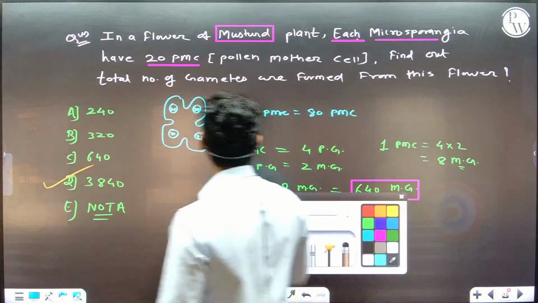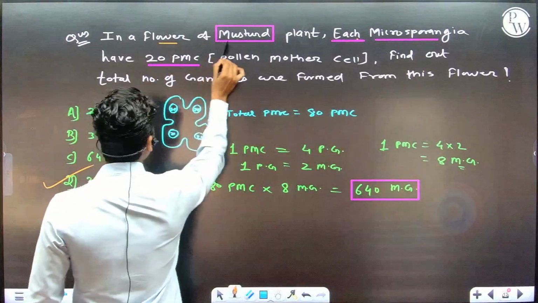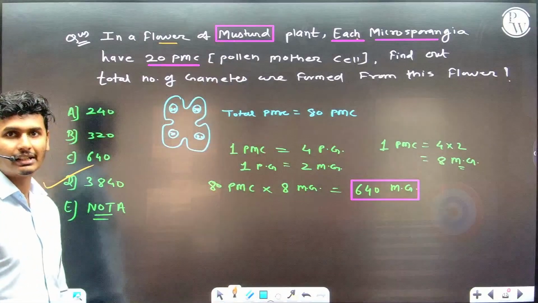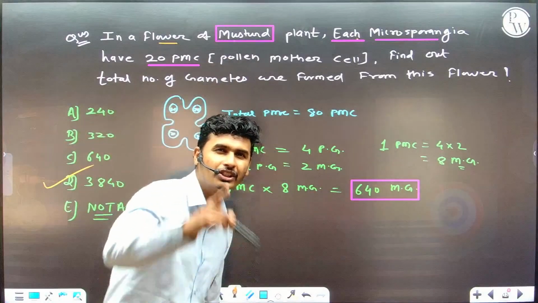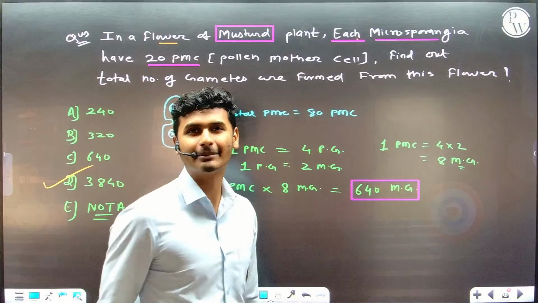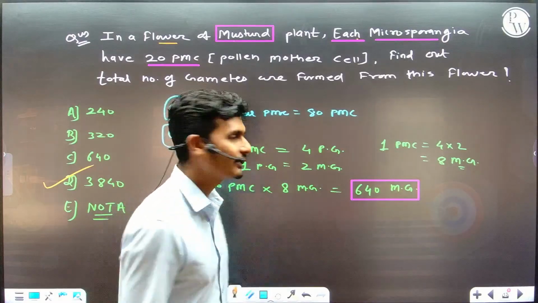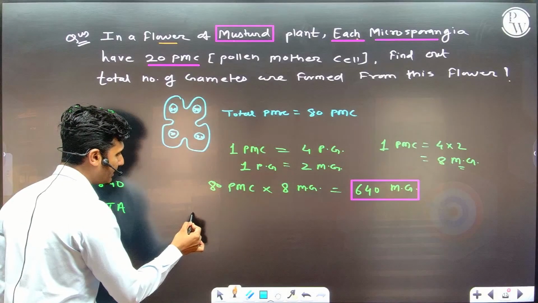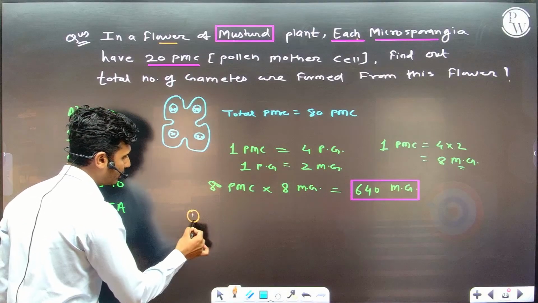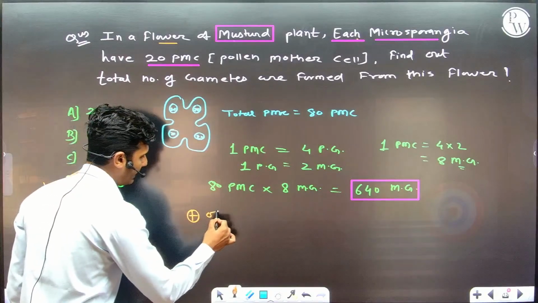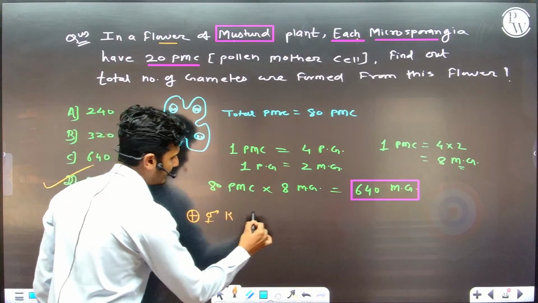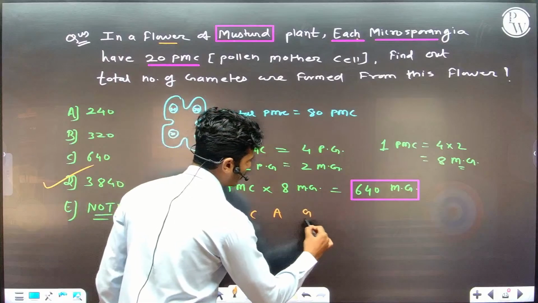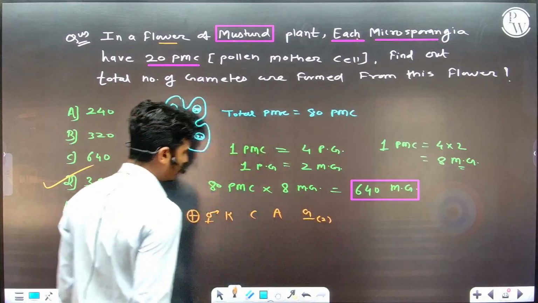The twist is that it is a flower of mustard plant. And mustard plant belongs to which family? Brassicaceae family. If you remember the floral formula of Brassicaceae family: actinomorphic, bisexual, calyx, corolla, androecium, gynoecium superior, fused 2.